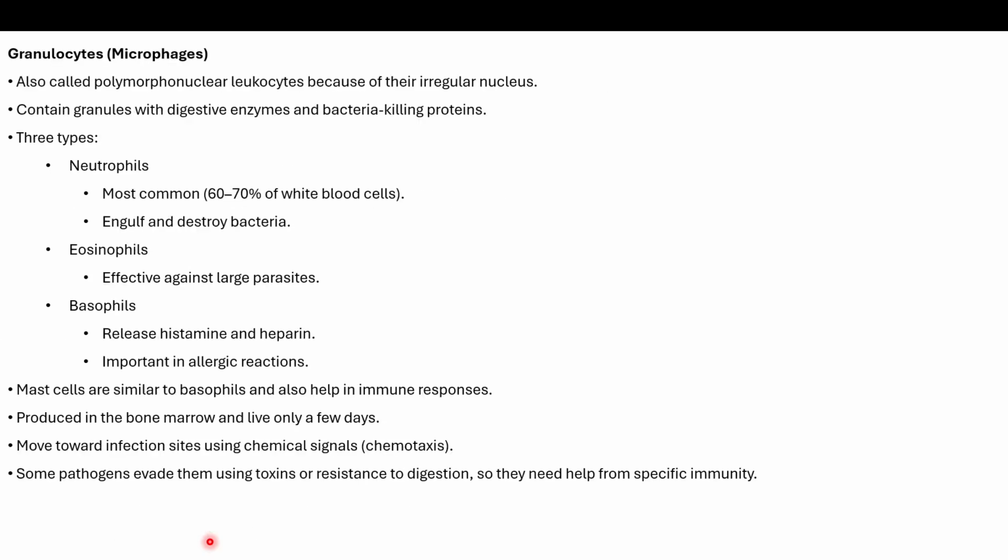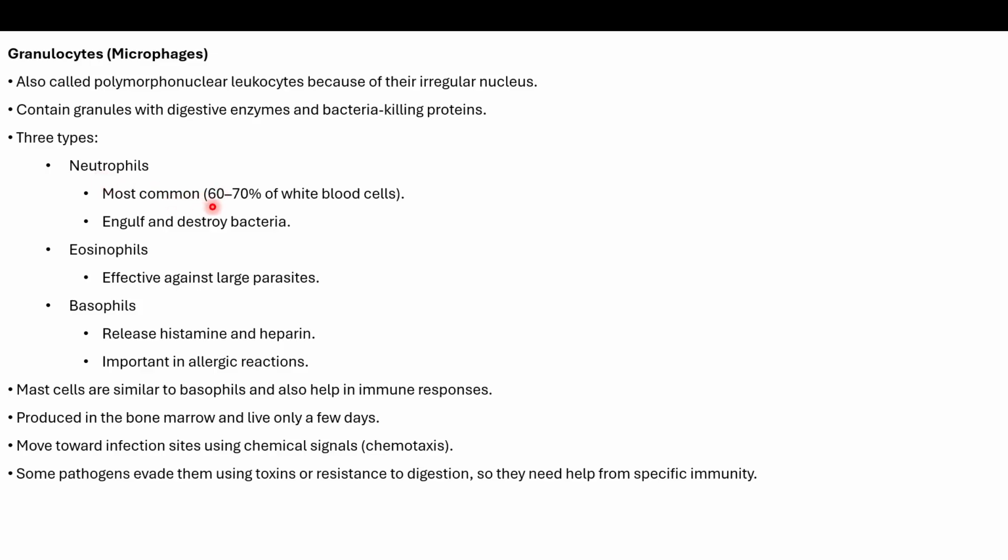Now, if we look at microphages, which are also called granulocytes, these are also called polymorphonuclear leukocytes because they have an irregular nuclear structure. And these granulocytes contain granules with digestive enzymes and bacteria-killing proteins. Again, granulocytes are of three types: neutrophils, eosinophils, and basophils.